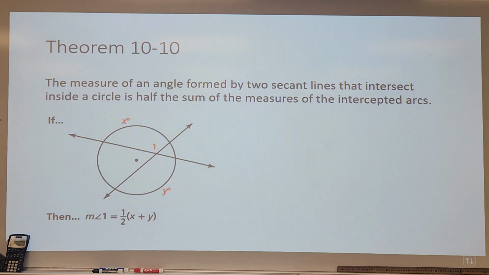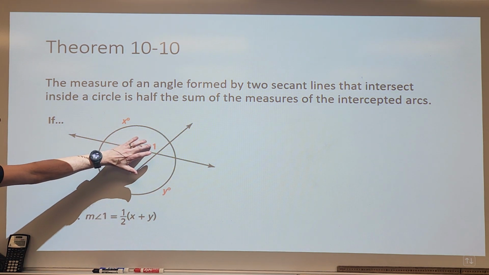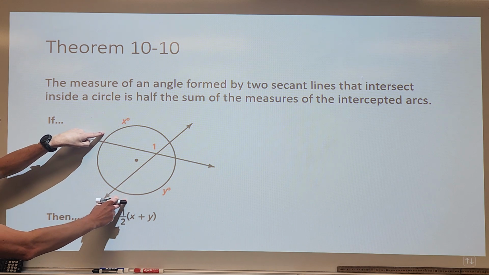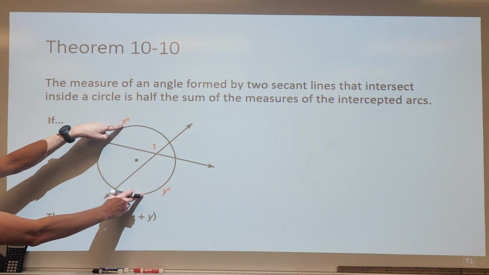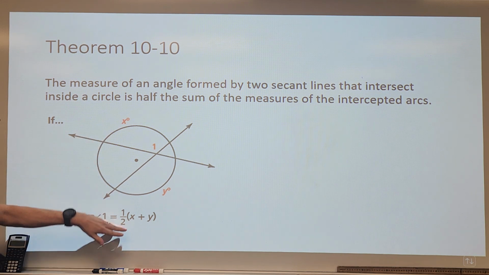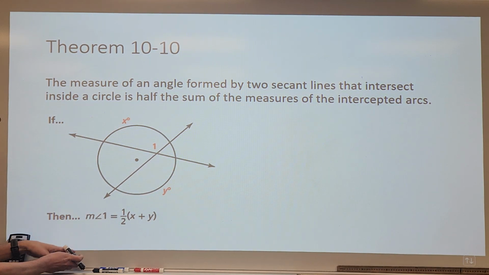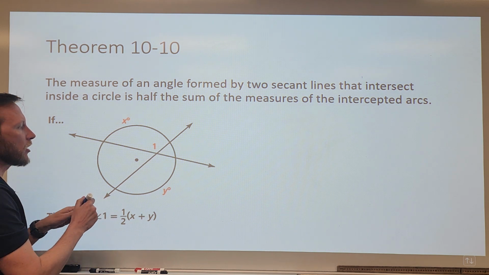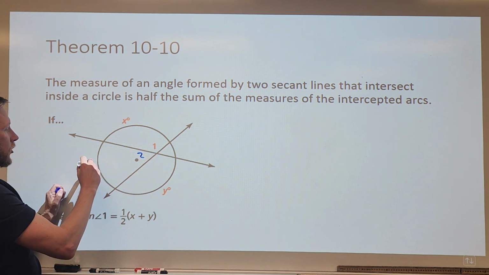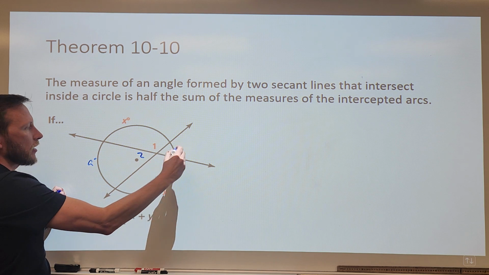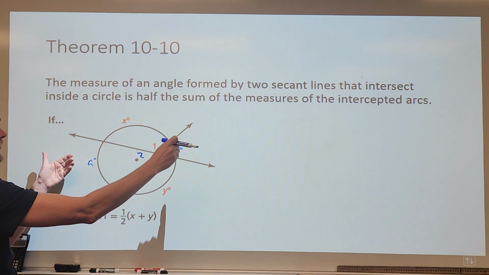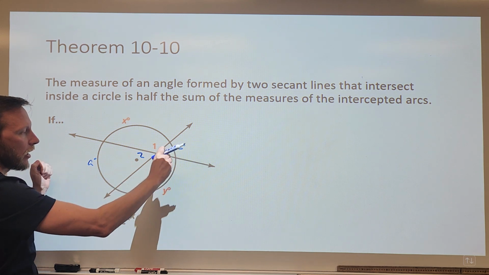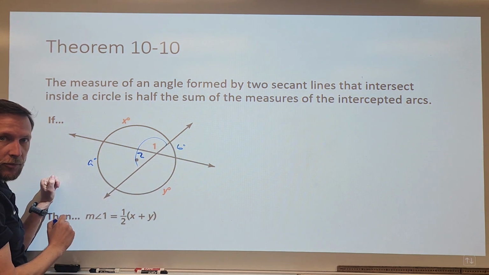And the measure of an angle formed when two secants intersect is found by taking half of the sum of their intersected arcs. So the measure of angle 1 here would be the sum of these two arcs divided by 2, or half of this sum. If I were to find the measure for angle 2, we would look at arc A and B, and the measure of angle 2 would be half of arc A and B added together, knowing that these need to add up to 180, right?